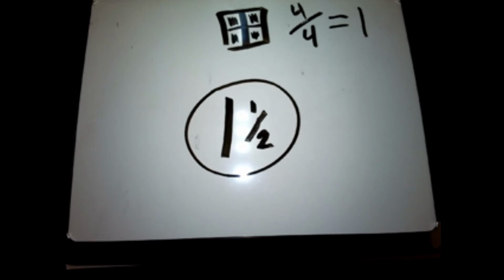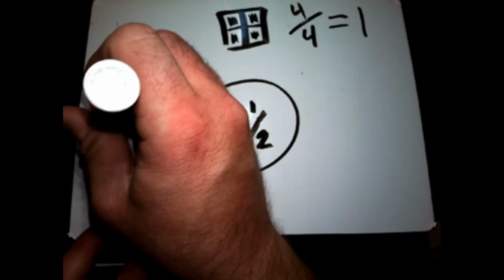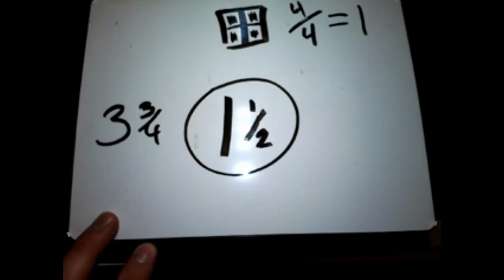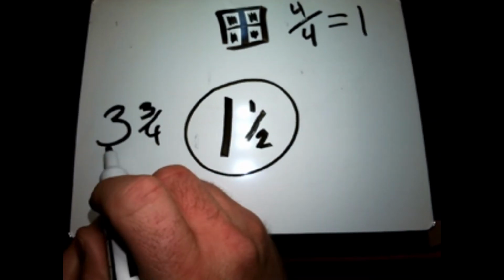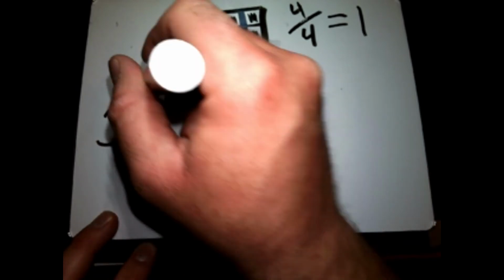Another mixed number could be something like 3 with 3 over 4. You've got your big number here and your fraction next to it. That is also a mixed number.